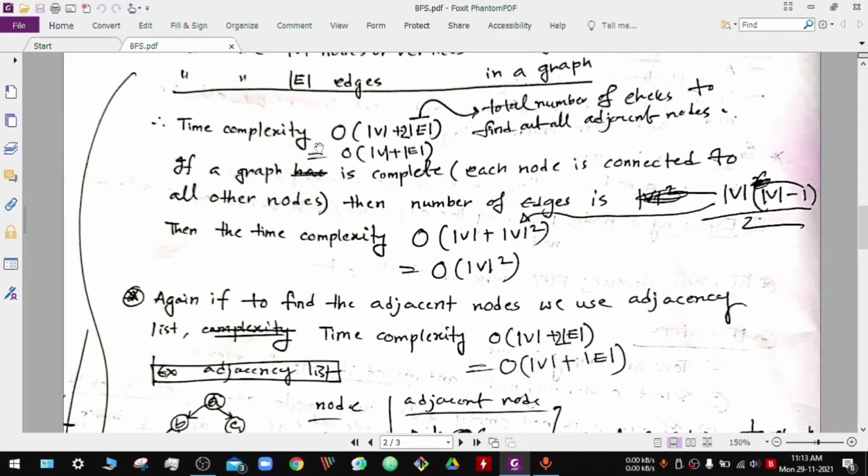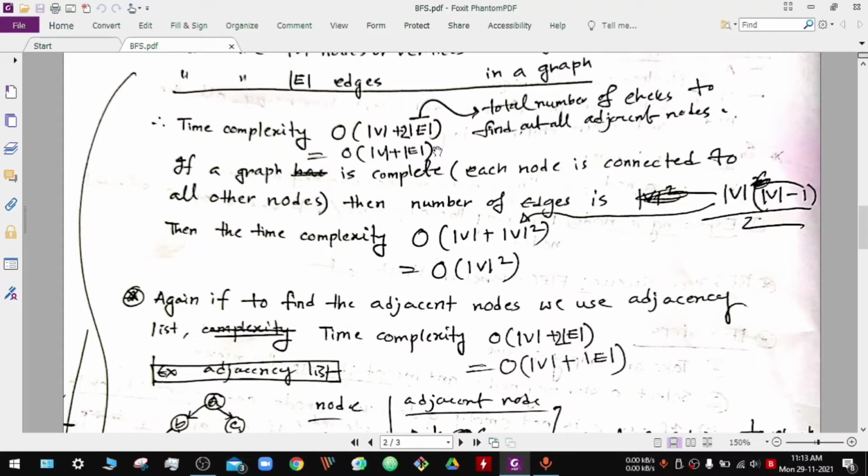So the time complexity of BFS, if there is a normal graph or a tree that is undirected, is this: we process each vertex at most once, and we have to process each edge twice. Consider two nodes A and B with an edge between them.